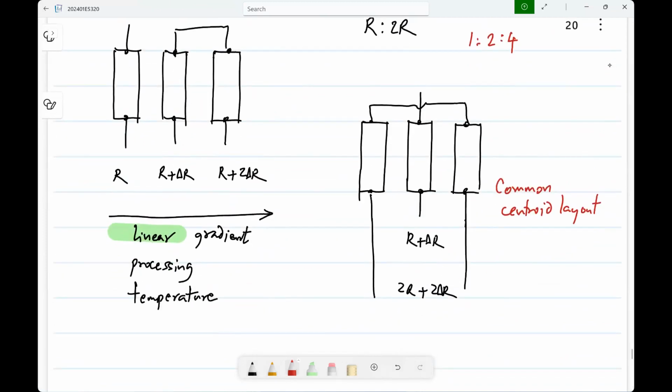All three must have the same centroid. Their centroid will be over there. So all of them have the same centroid. As long as the gradient is linear, they will be in this ratio. So this is common centroid.